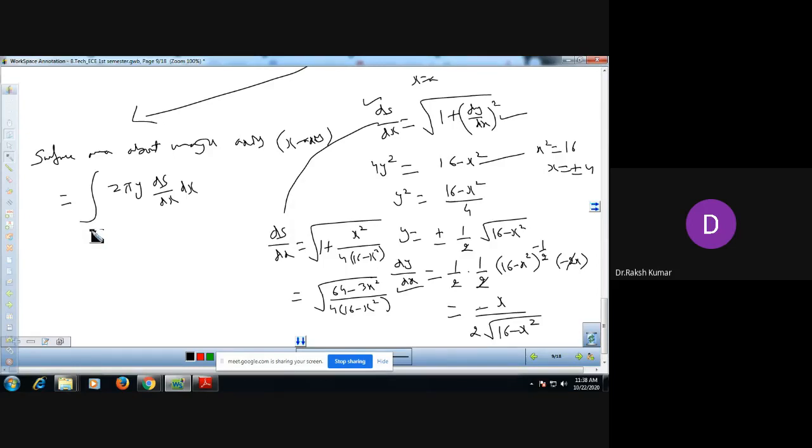So the limits come out to be 0 to 4, 2 times. Why? Because we shall take the positive quadrant.